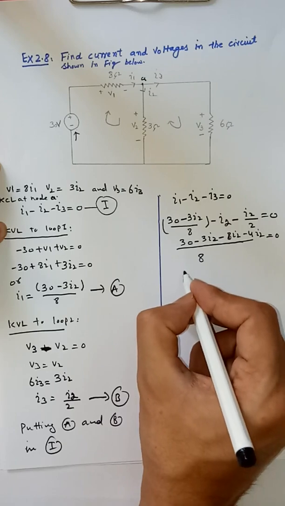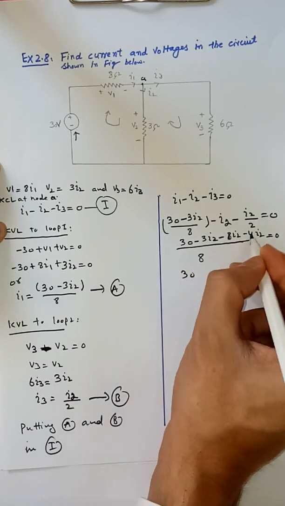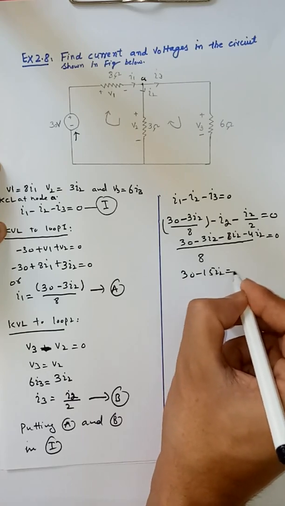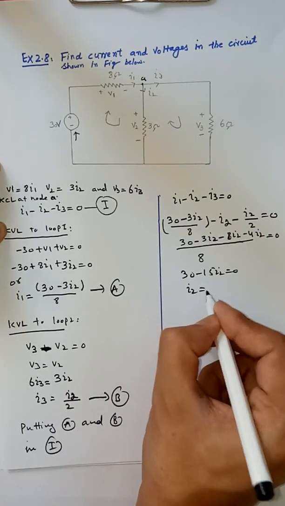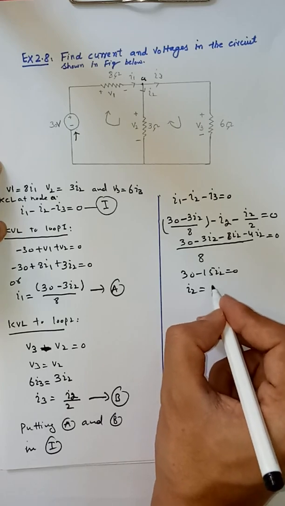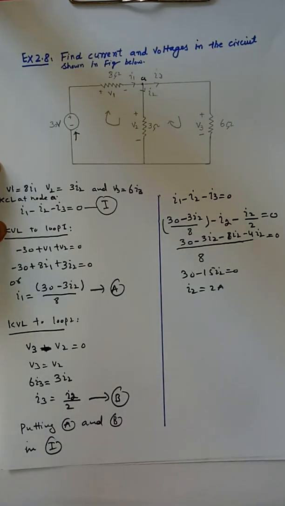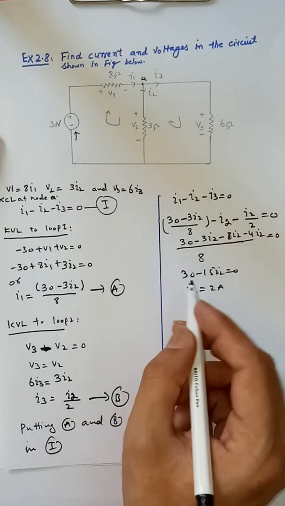So 30 minus 15 I2 equals 0, and I2 equals 30 by 15, which is 2 ampere. That means I2 is equal to 2 ampere.